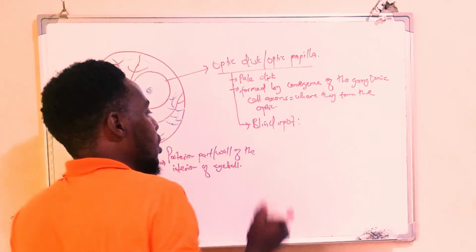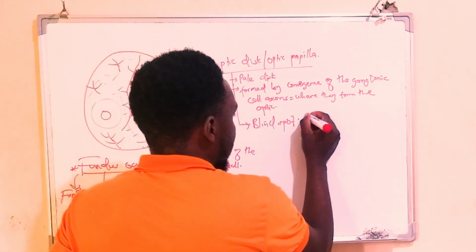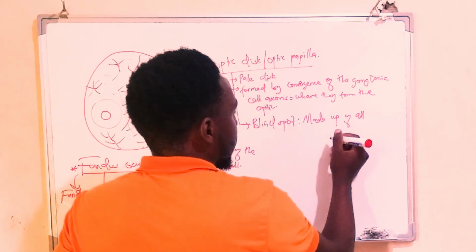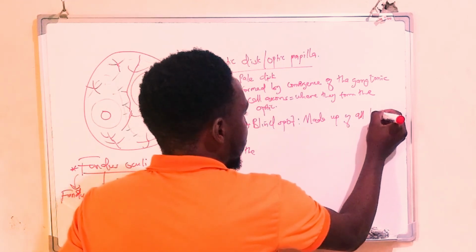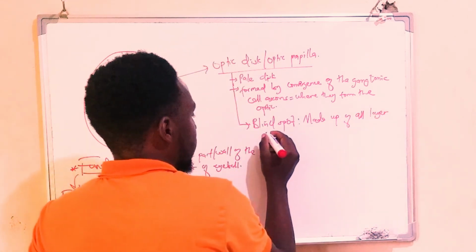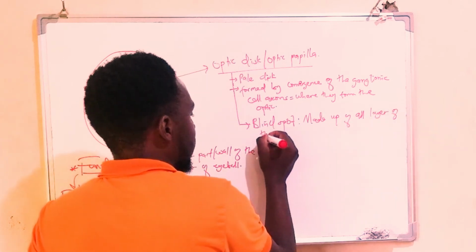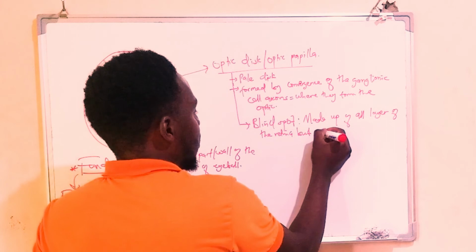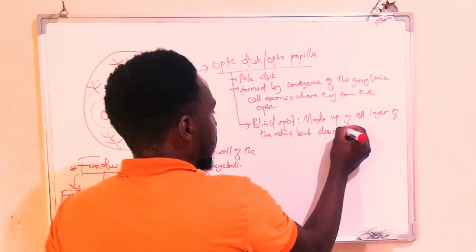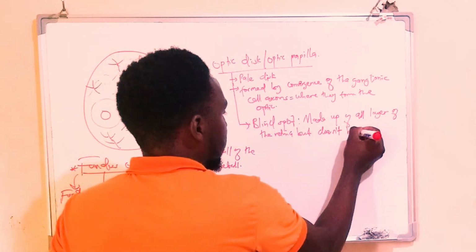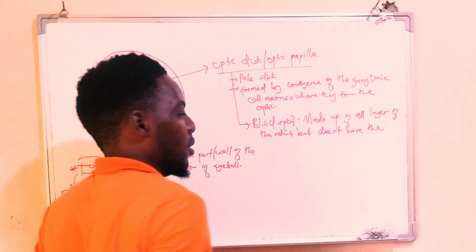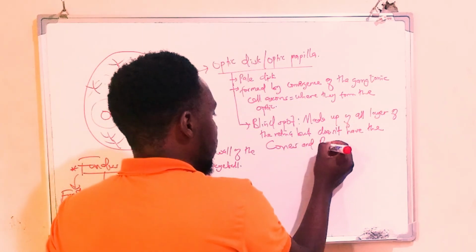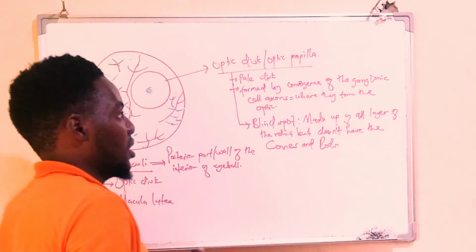Why? It is made up of all layers of the retina, but doesn't have the cones and rods. So cones and rods are absent on the optic disc.